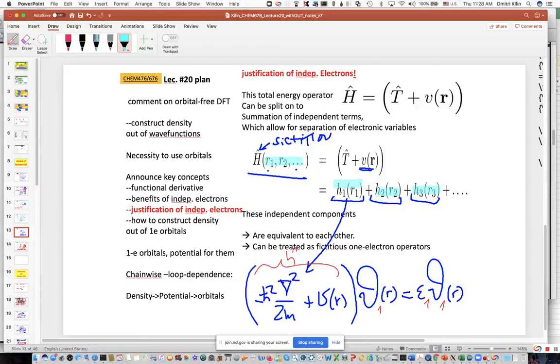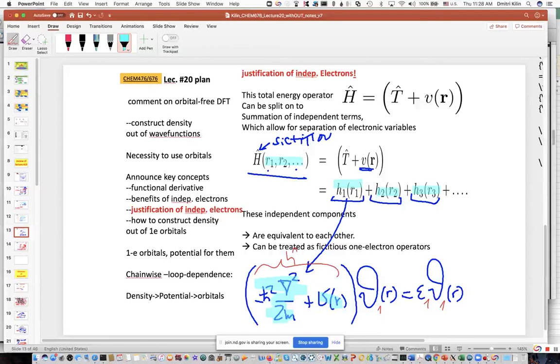And this lowercase Hamiltonian is composed of kinetic energy and this external potential, because it is the only thing that acts on an electron in this auxiliary world. There is no interaction with other electrons.